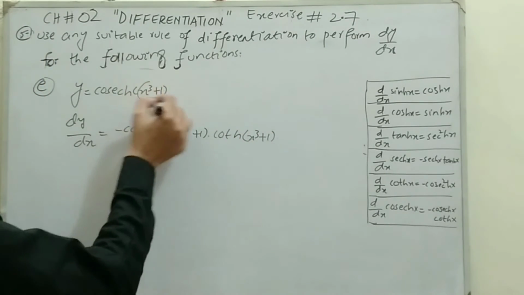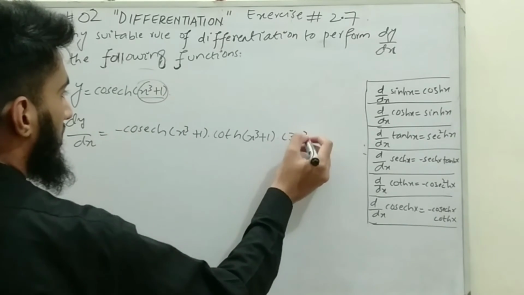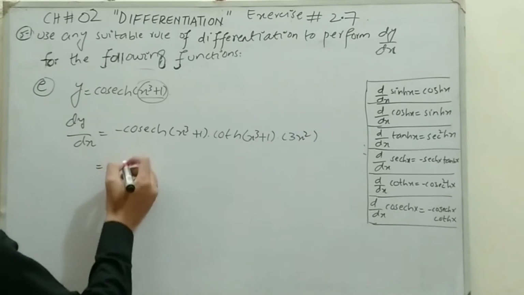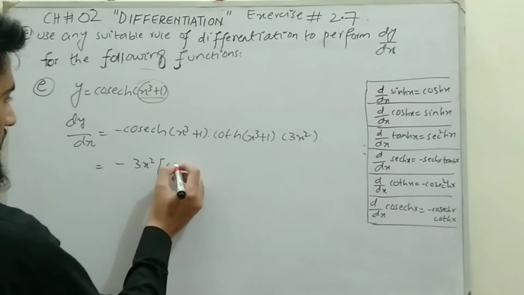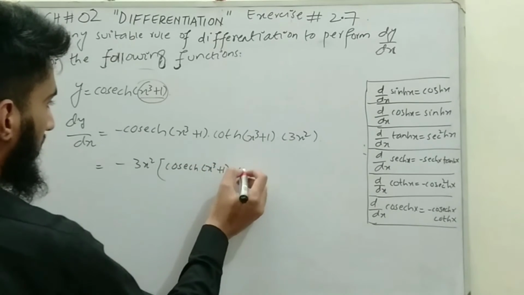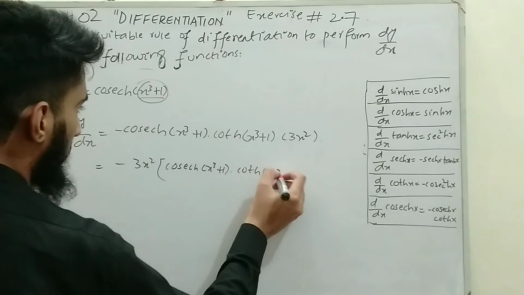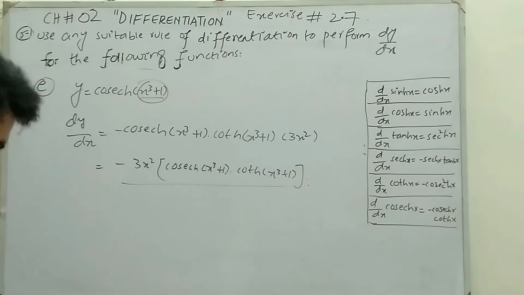Also take the derivative of this inner function, which is just 3x^2. So the derivative will be minus 3x^2 cosech of x^3 + 1 coth of x^3 + 1. So this is the required derivative for part number E.